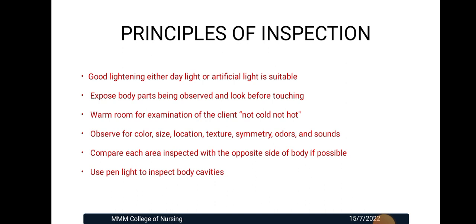Expose body parts being observed and look before touching. Keep a warm room for examination of the client, not cold, not hot. Observe for color, size, location, texture, symmetry, odors, and sounds. Compare each area inspected with the opposite side of the body if possible. Use a pen light to inspect body cavities.